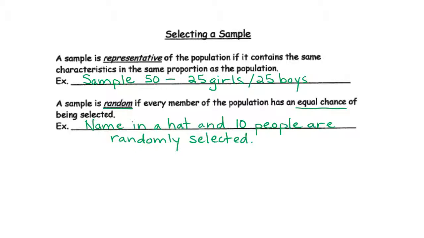So let's say when you put your name in a hat, and 10 people are selected, and, I'm going to use the word that's in here, which I really shouldn't do in a definition, 10 people are randomly selected.